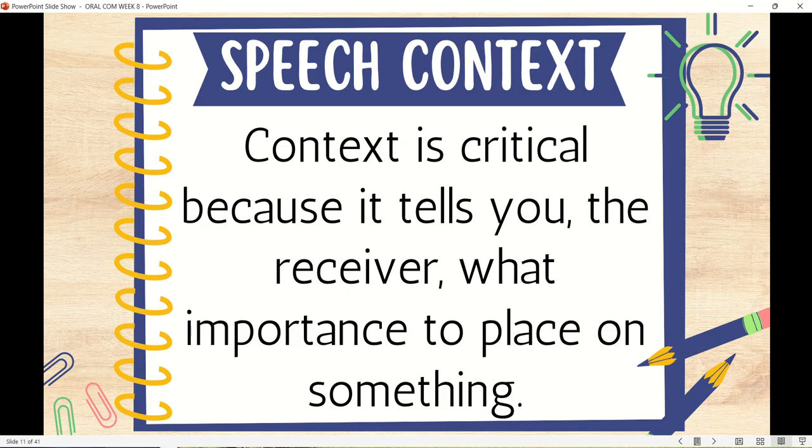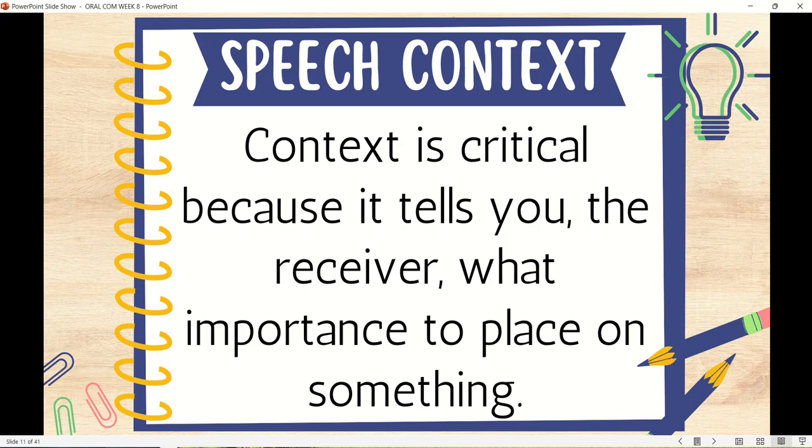Context is critical because it tells you, the receiver, what importance to place on something. So since speech context contains different factors or considerations that should be thought of in oral communication, it's important to adjust your speech or your communication depending on the context, since the context itself is one of the factors that make the oral communication successful.